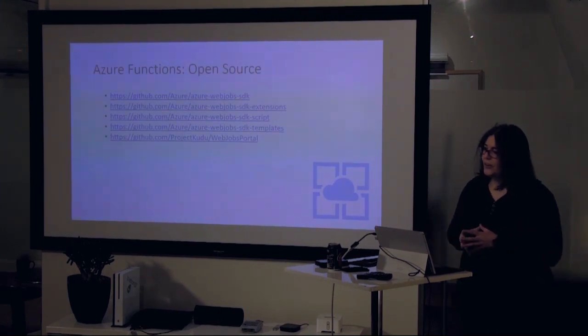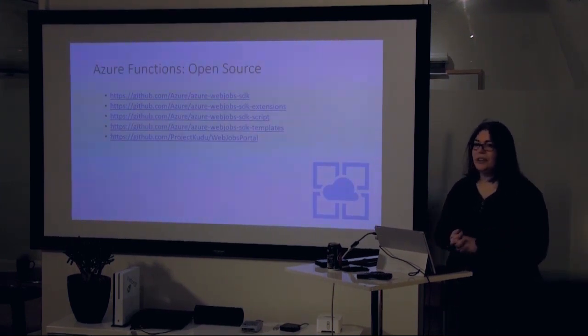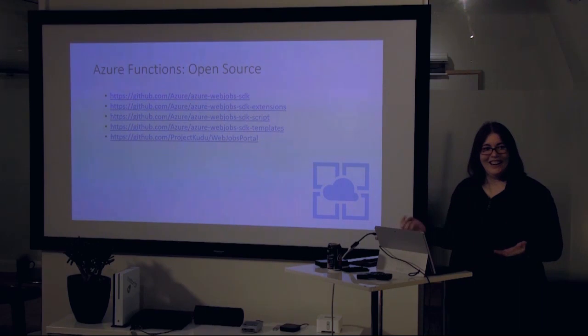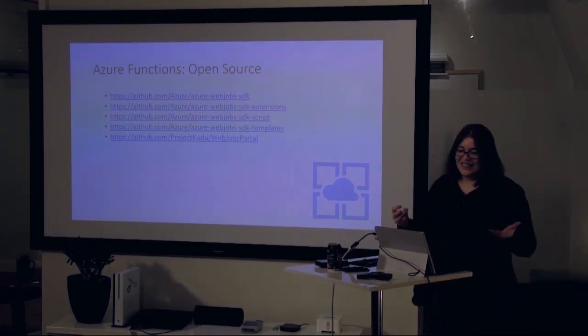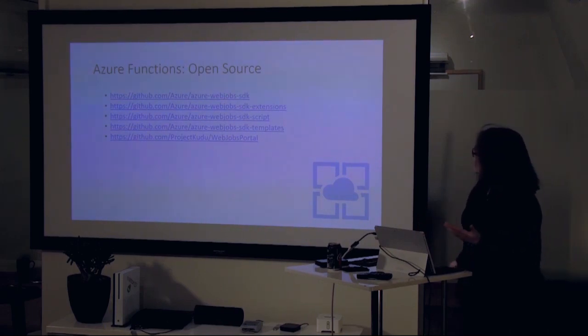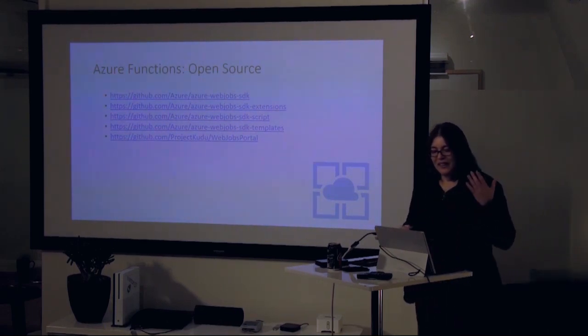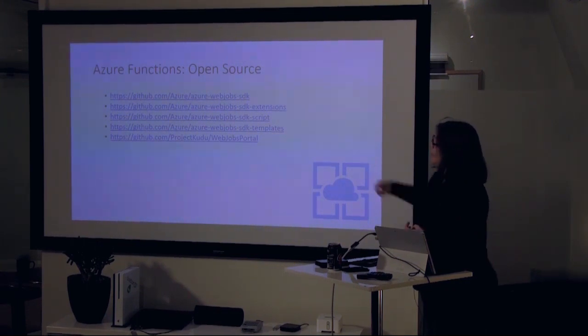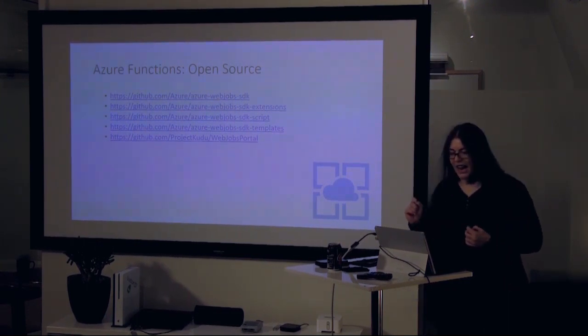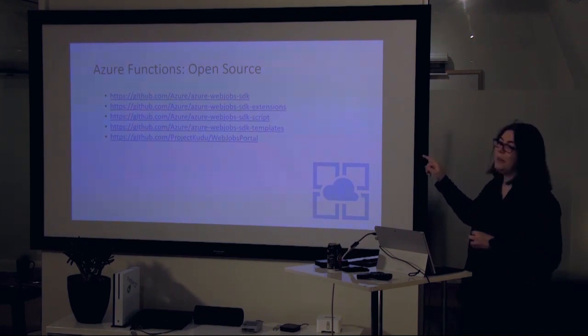First off, of course, the obligatory mention of how Microsoft loves open source more than anything else in the world except for Linux. Right? So this is all open source, Azure functions. It came from the Azure Web Jobs SDK. So you'll see if you go to github.com/Azure, you'll see references to web jobs.